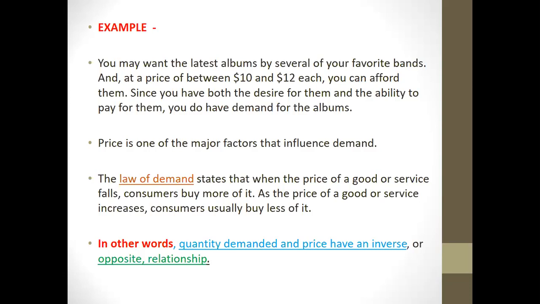In other words, quantity demanded and price have an inverse or opposite relationship. Basically, that's the short version of the law of demand. When one thing goes up, the other one goes down, and when the other goes up, the first one goes down. Okay.